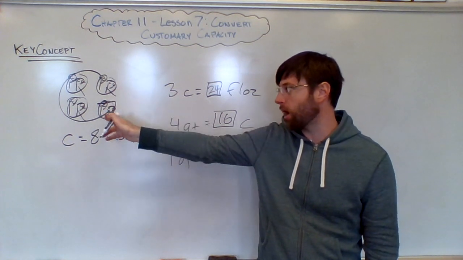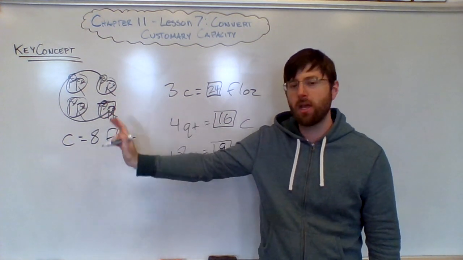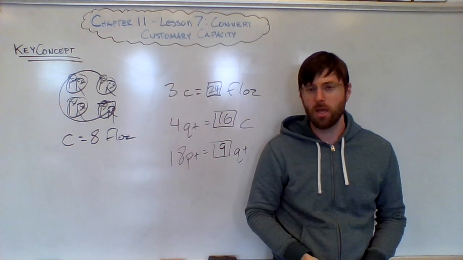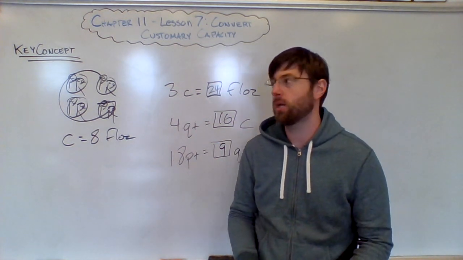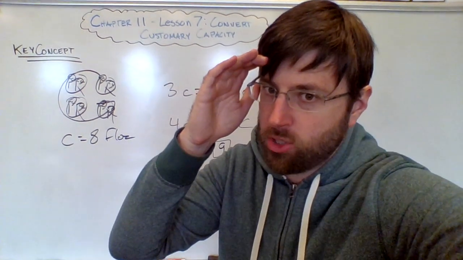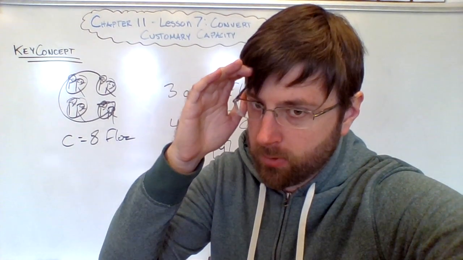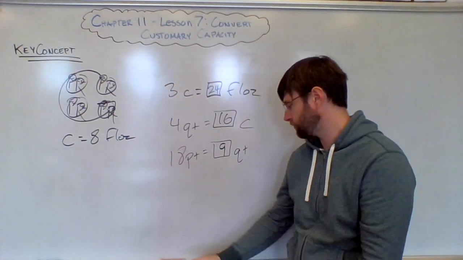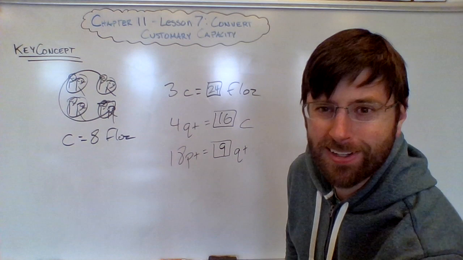So I've already drawn 2, 4, 6, 8 of them, and then I could keep drawing more pints and putting them inside of the quarts and count how many quarts there are. That picture might take you 30 seconds to draw. I know it's a lot, but you could draw the picture, okay? Yeah, that's what I got.